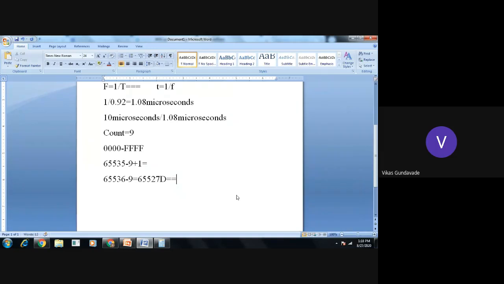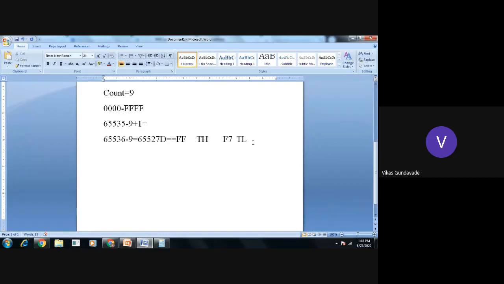In this, FF is loaded into the TH register, and F7 is loaded into the TL register. Got it? So the highest 8 bits, FF, are loaded into the TH register, and the lower 8 bits are loaded into the TL register. And then the timer is started.